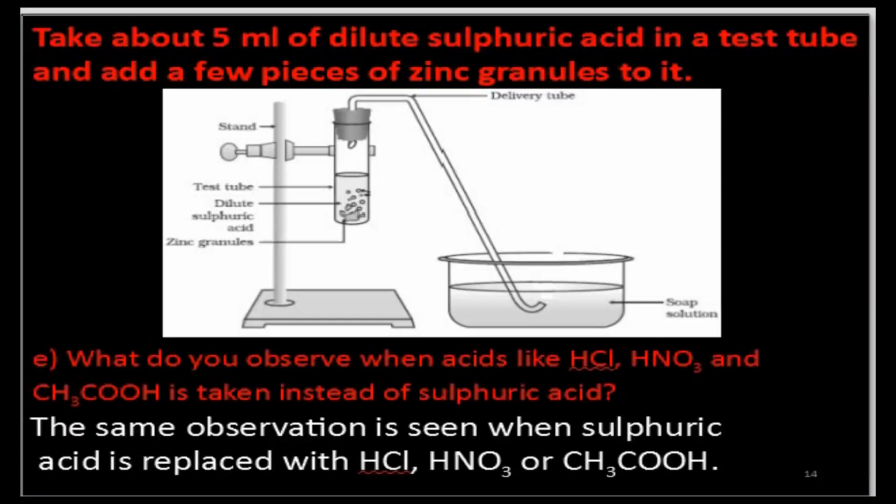The rate of the reaction depends on the strength of the acids. If it is a strong acid, then the hydrogen liberation will be faster. And if it is a weak acid like acetic acid, the liberation of hydrogen gas is slow and also very little.